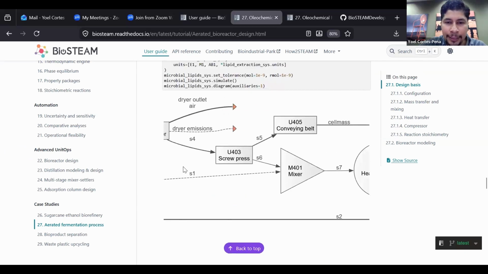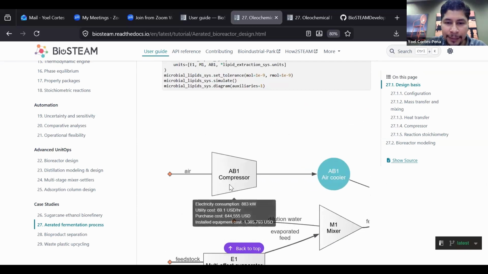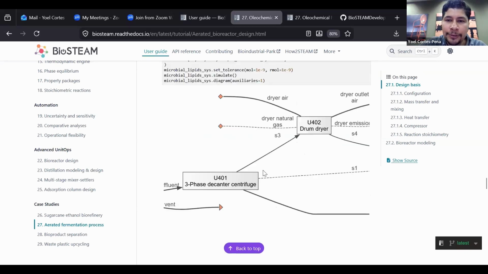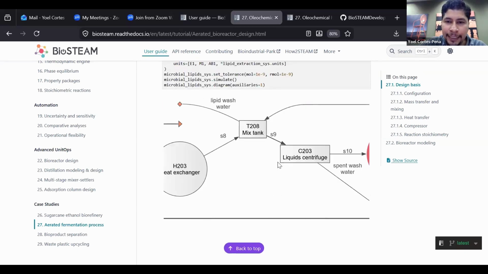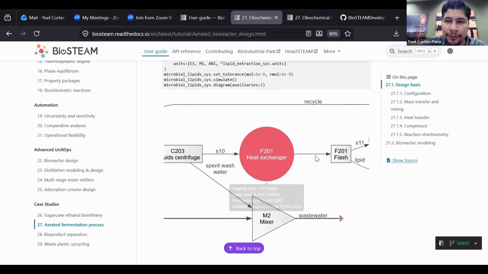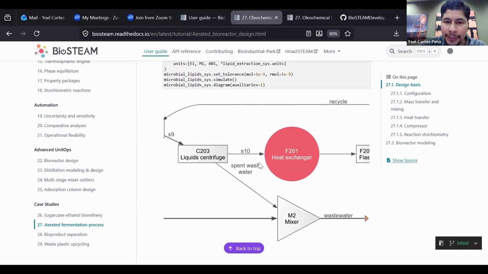So it includes not just the aerated bioreactor and the multi-effect evaporator, but also downstream separations, including the drying, conveying, removal of any water in our microbial oil product and washing, and the production of wastewater.